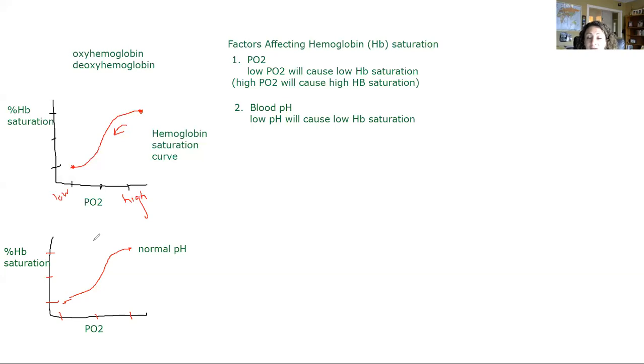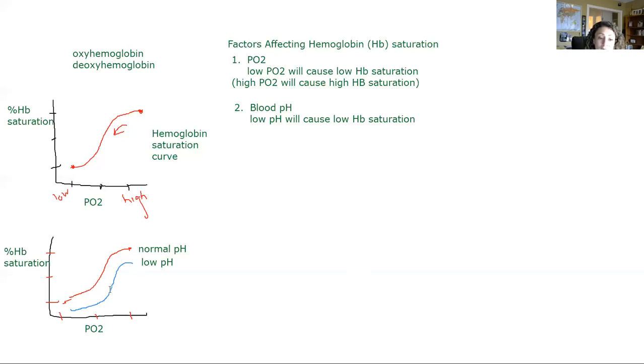It goes up. So will a low pH have a higher saturation or a lower saturation? Lower. A lower pH will have a lower saturation, so this curve needs to be lower, reflecting lower saturation. So this will be low pH.